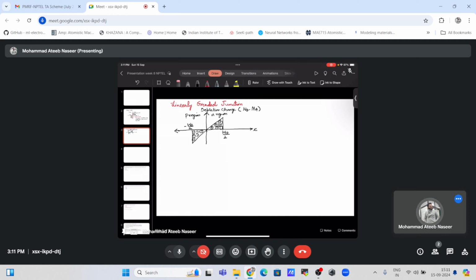Okay, the Poisson equation needs to be solved in order to get insights into the electric field inside the junction, and also the potential variation within this PN junction, which is prominent in real devices.